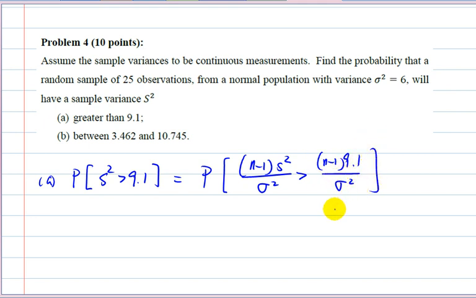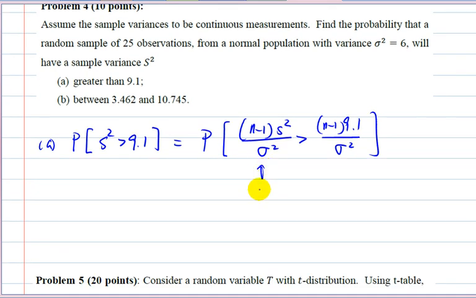What this side is, if you recall, is a random variable called chi-squared, so it has a chi-square distribution. For this particular case, we'll make use of a table to find this probability.